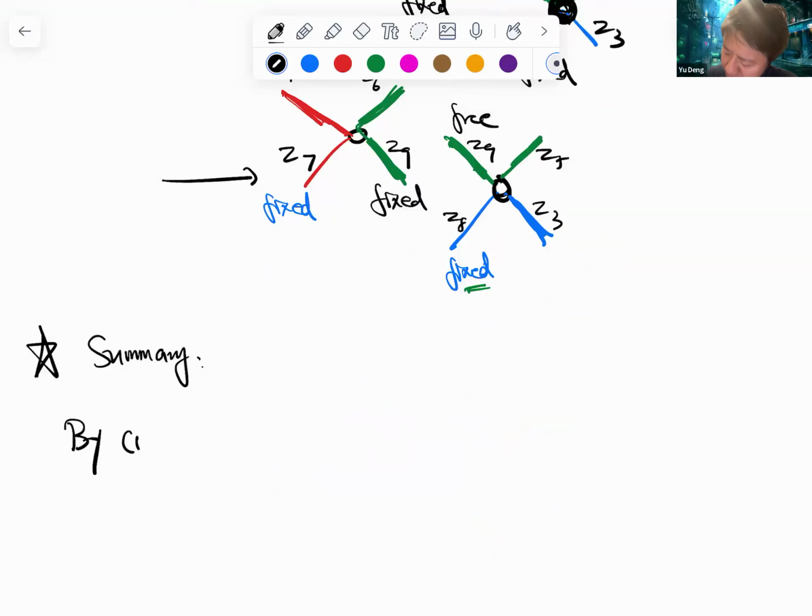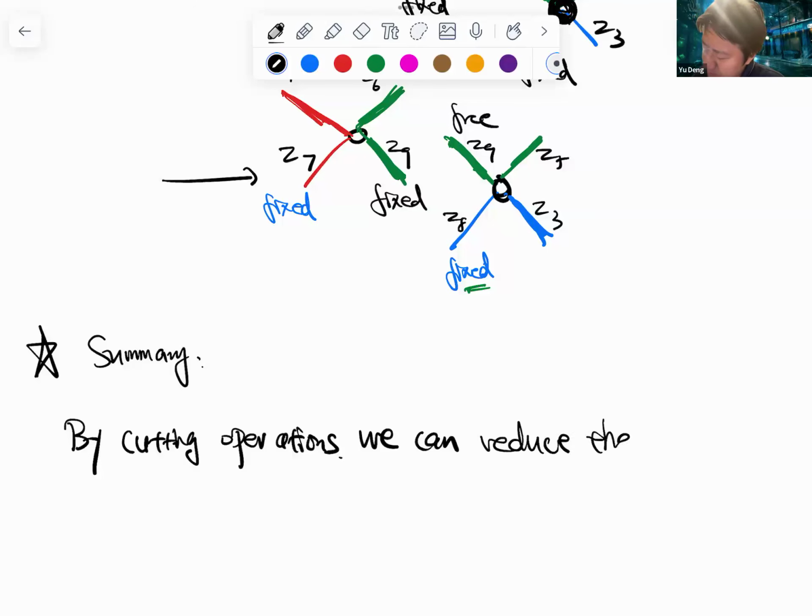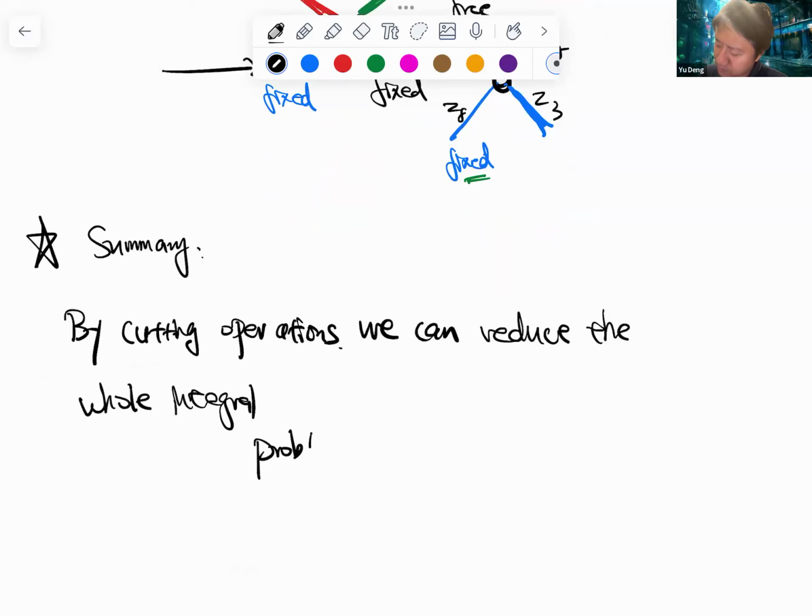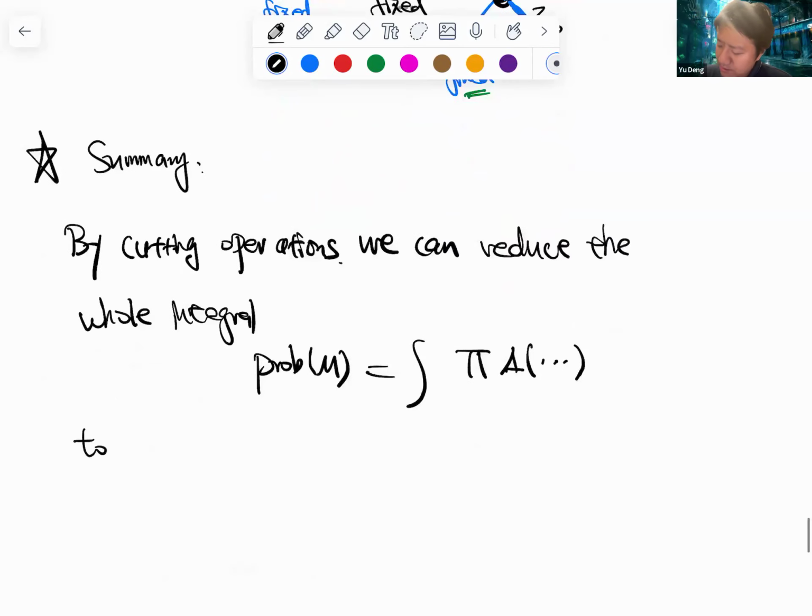By cutting operations, we can reduce the whole integral, the probability m, which is equal to the integral of the product of delta and so on, to an iterated integral.